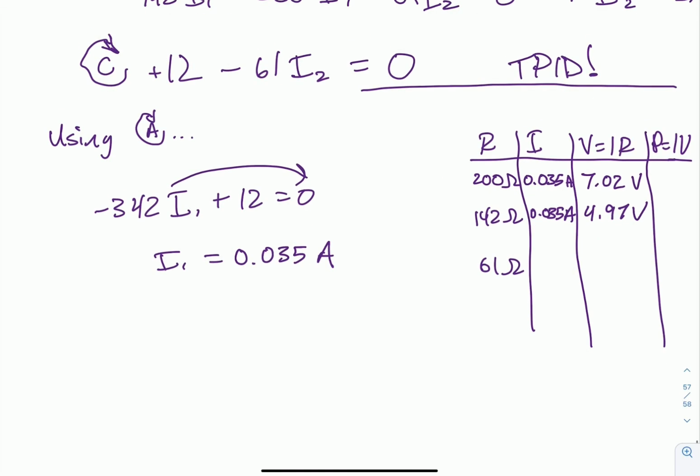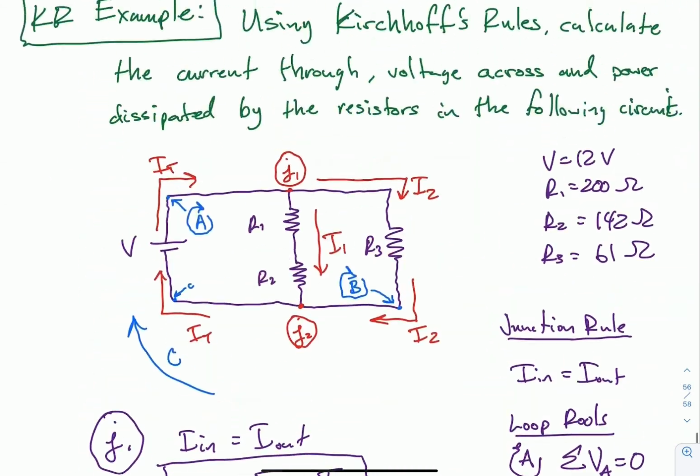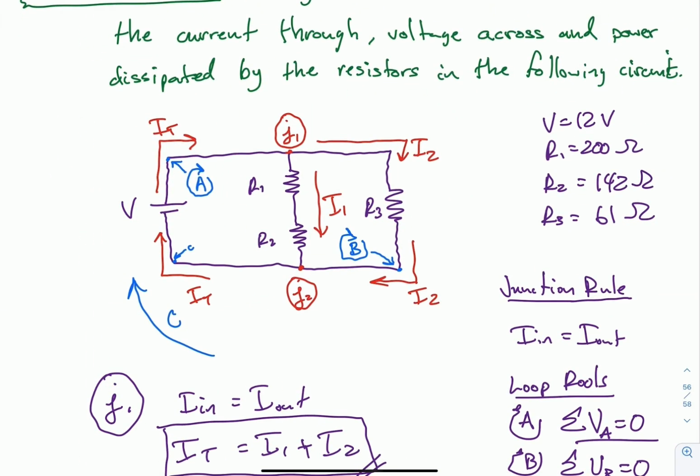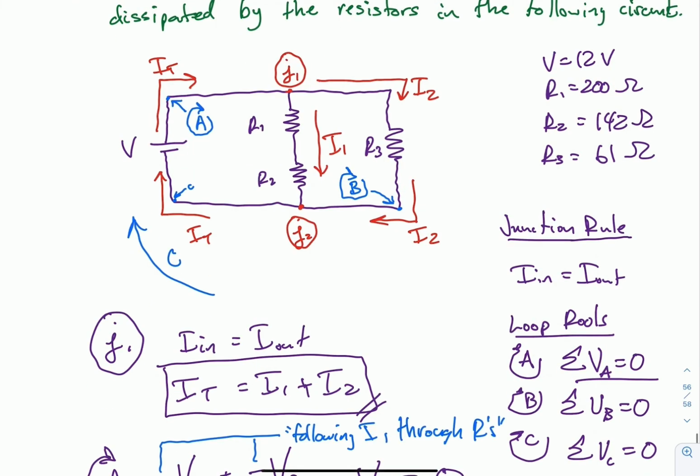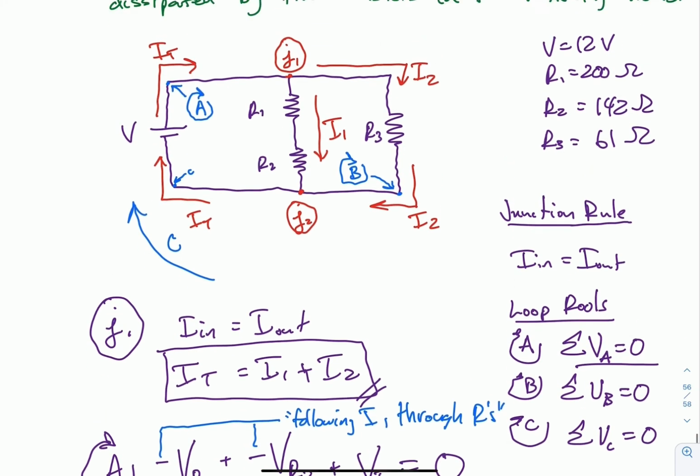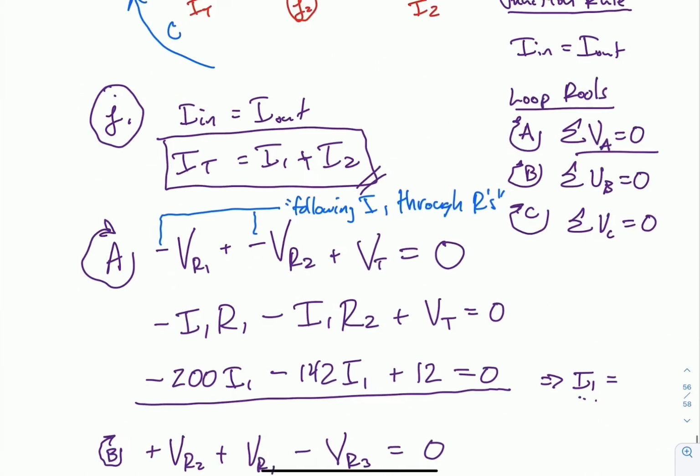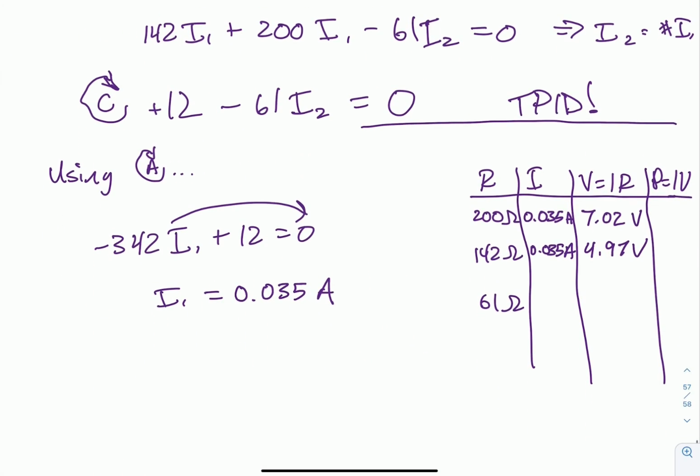We know that looking at our picture, I1 needs to drop a total of 12 volts across R1 and R2 together. They're in series, so their voltage drop should sum to the total voltage. And it looks like they do, minus a little bit of rounding. And that also means we could calculate the power dissipated by each.